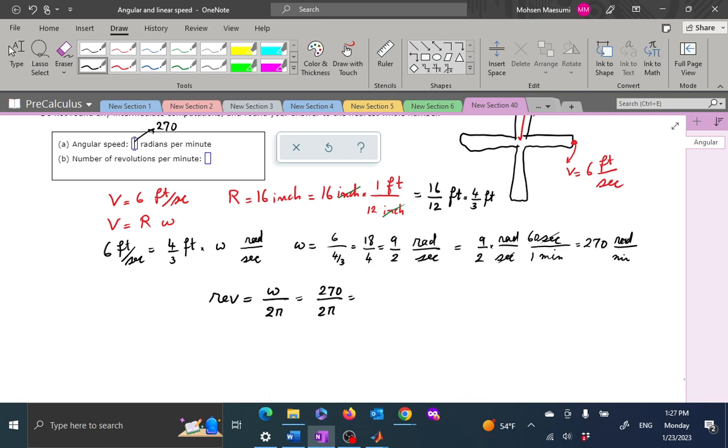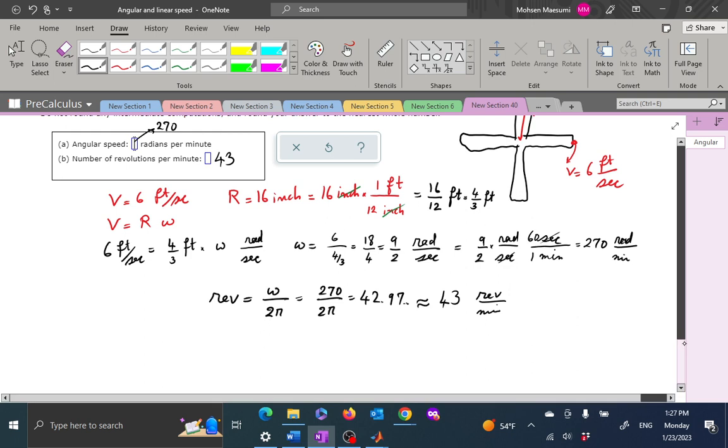So this becomes 42.97, etc. The nearest number is going to be 43 revolutions per minute. So this becomes 43 rounded to the nearest whole number.